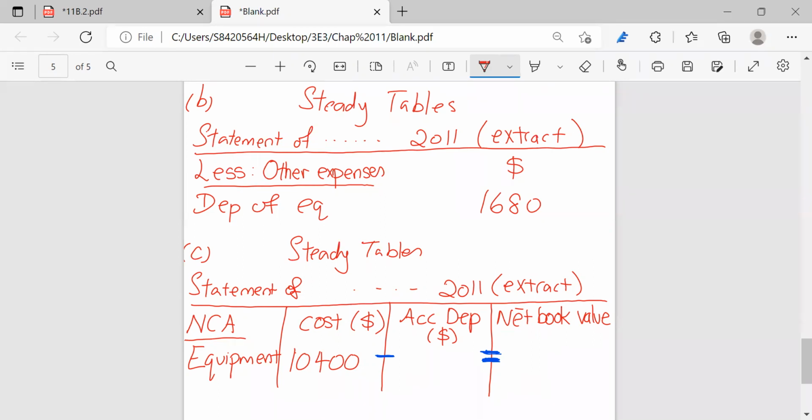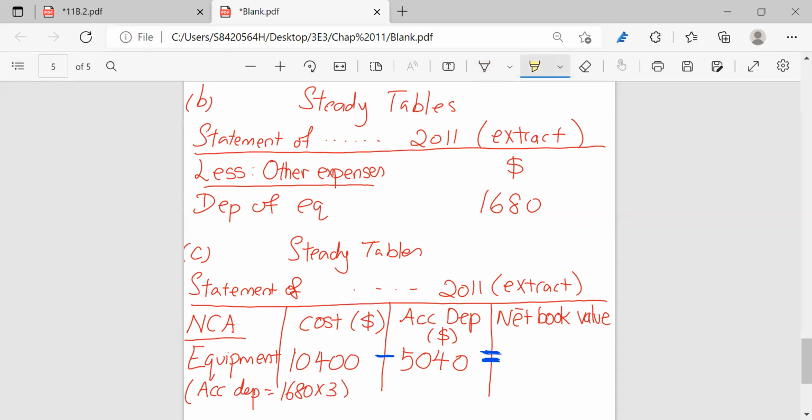Your accumulated will be 1680 times 3, which gives you 5040. When you write 5040 here, you can write your working below the equipment sign, telling them you're calculating accumulated depreciation equals 1680 times 3.